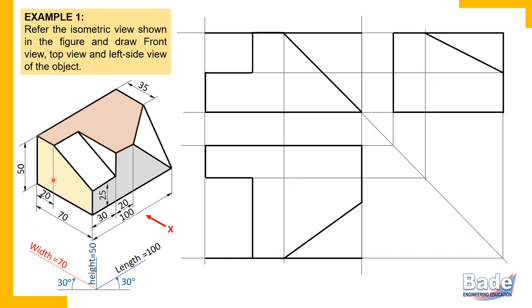Now this surface appears as a line in the other two views. Remember, when a surface shows its true shape in a view, then in the other two views it appears as a line. So this surface appears as a line in the front view. But where is that line? On the left side. So on the left side, watch here. This entire line is this surface.